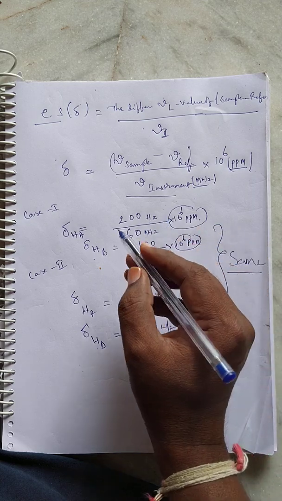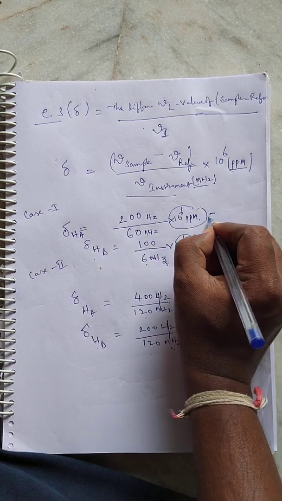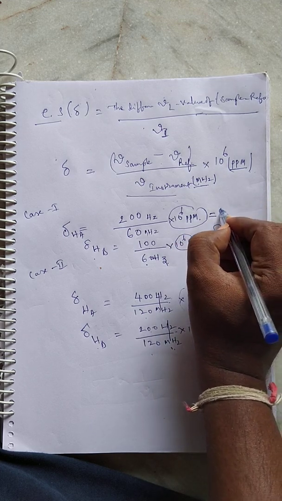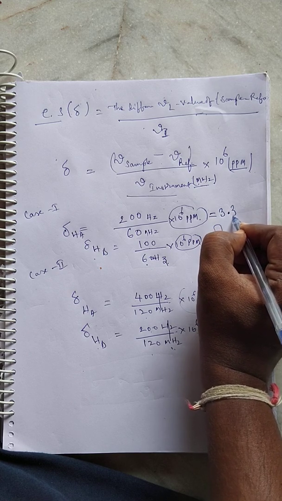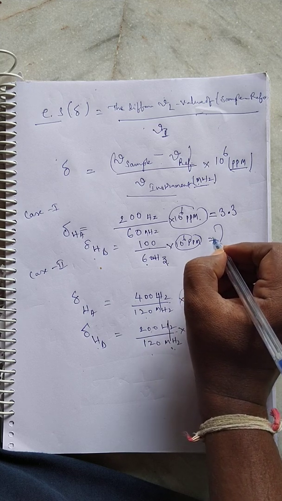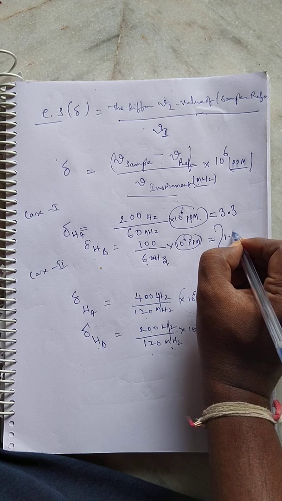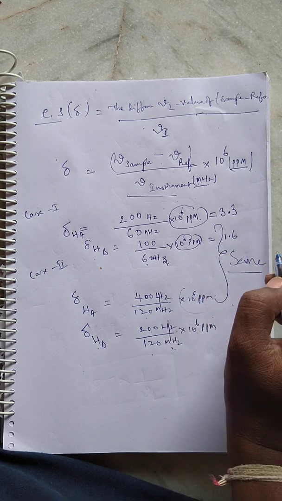So here you are going to get around 3.3 value, and here you are going to get around 1.6 delta value, right?